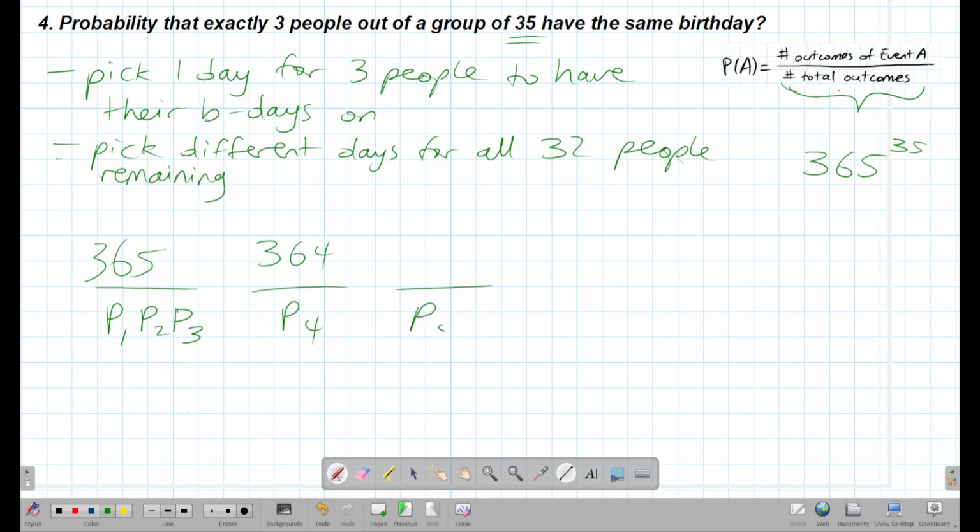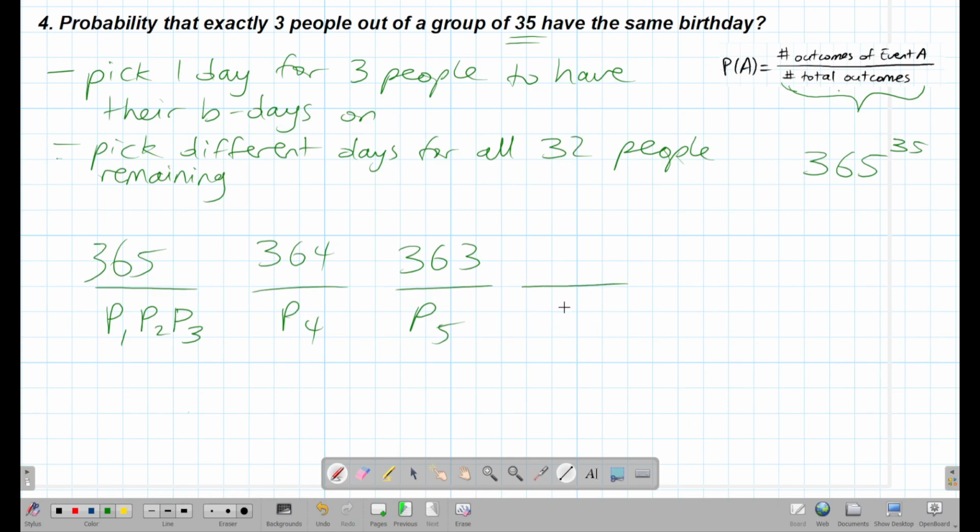And then for person 5, we're going to have the same thing, except now it's 363. Because for person 5, they get to pick any day of the year except the one day that person 4 has their birthday and the one day that people 1, 2, and 3 have their birthday.